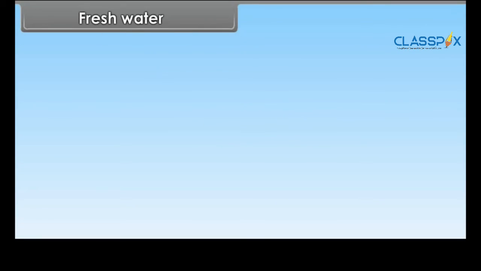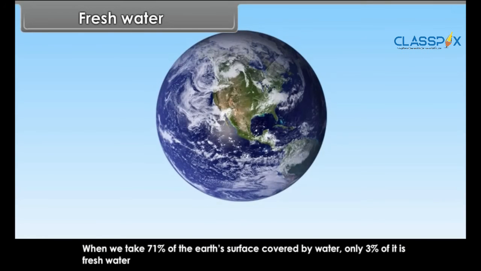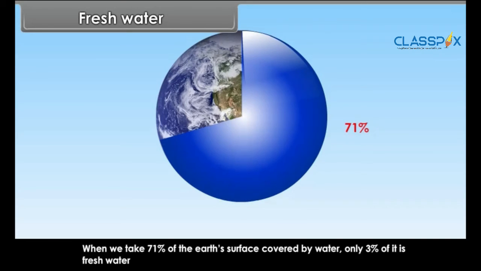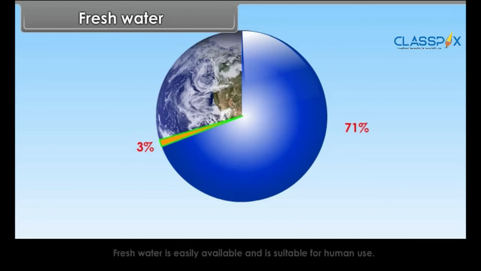Fresh water. Of the 71% of the Earth's surface which is covered by water, only 3% of it is fresh water. Fresh water is easily available and is suitable for human use.